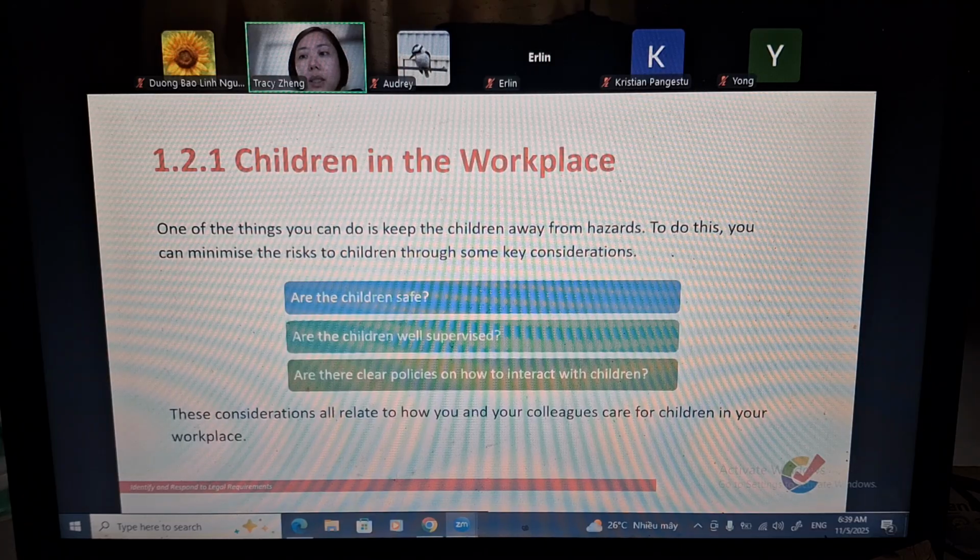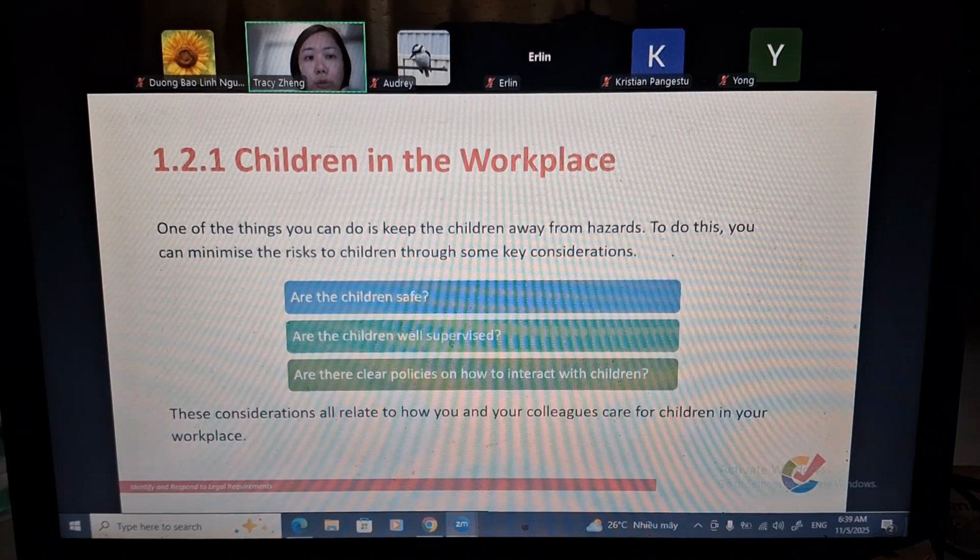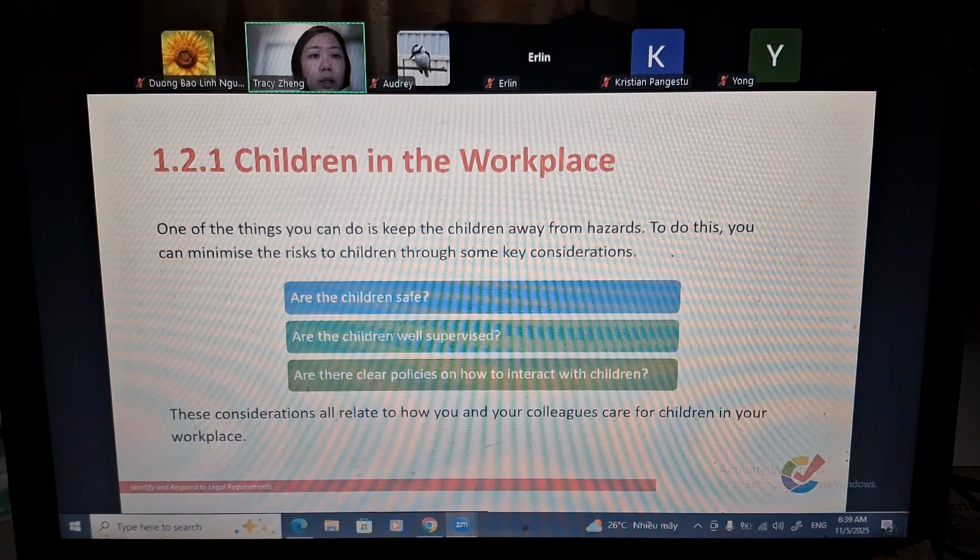So once they step into your workplace, you start holding the responsibility to make sure the children are safe. Or we say, keep the children away from any of the hazards. That is part of our legal requirements. All right.